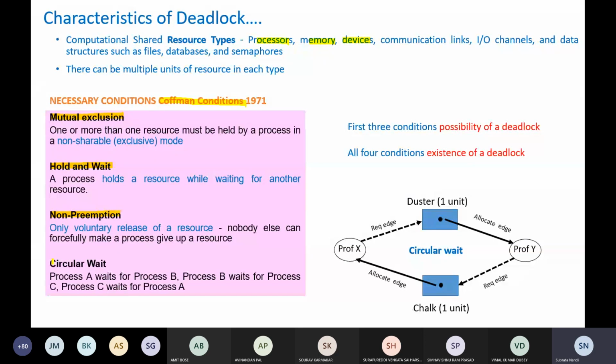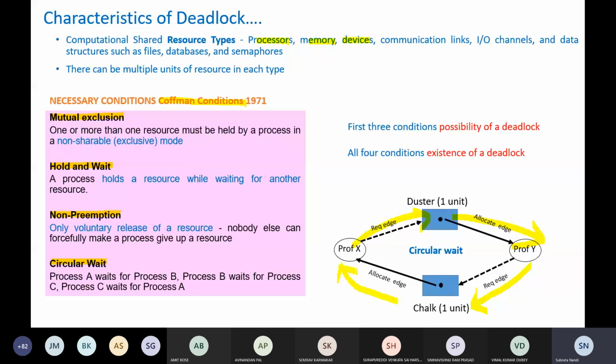And finally, this is the circular wait. In the previous example, one faculty waits for some resource which has been acquired by some other. He waits for the duster, and the duster is allocated to the other faculty, and the other faculty in turn waits for the chalk which has been allocated to the previous faculty.